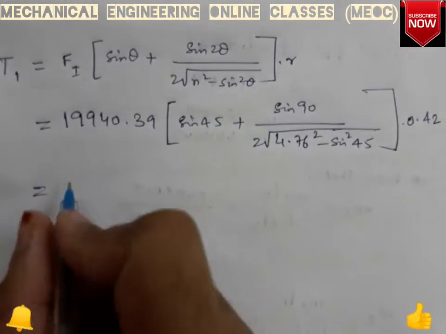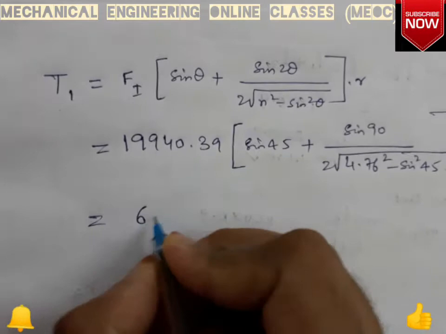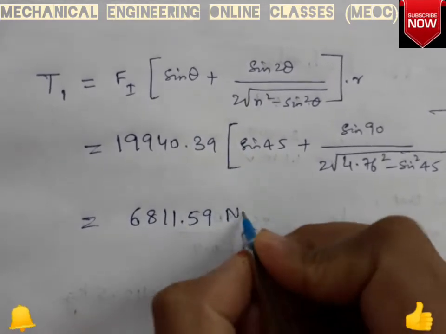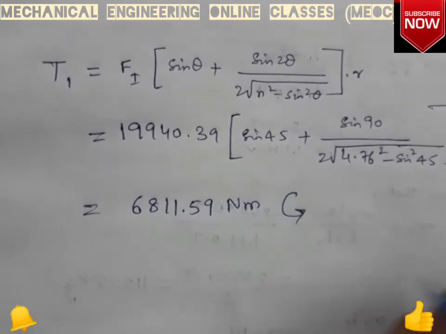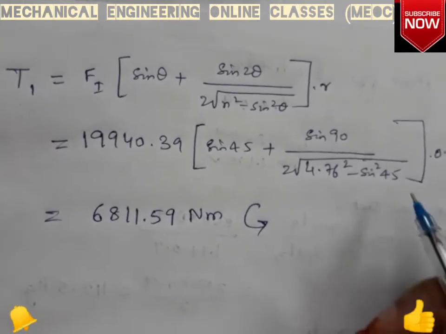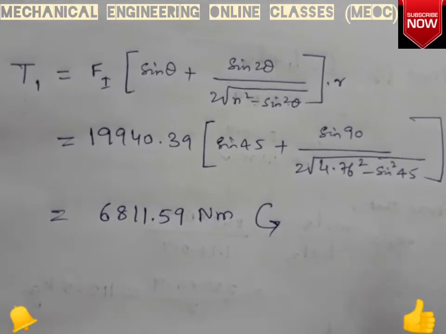Solving this, we get T1 in newton meters. This is the torque exerted on the crankshaft due to the inertia force of the piston.